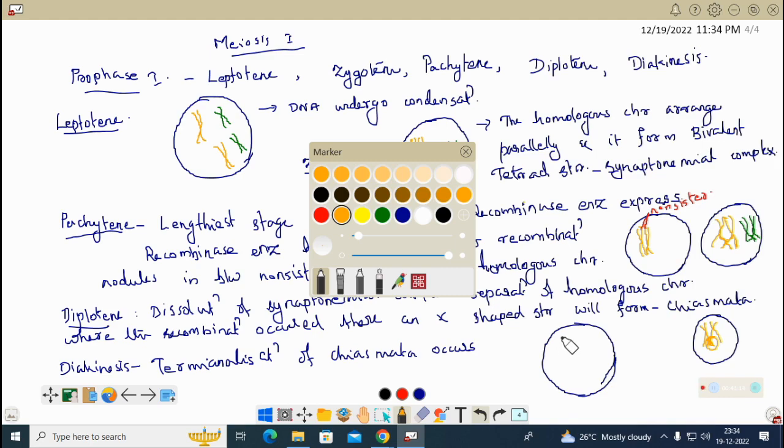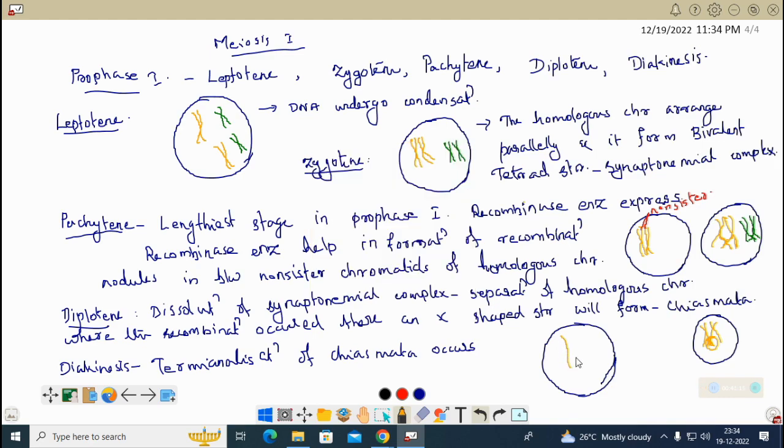So I'm just showing, see, this will be separated in such a way that this tail has come from here, and this tail belongs to this one, because an exchange has occurred here. So this is the recombined portion, this is the recombined portion.